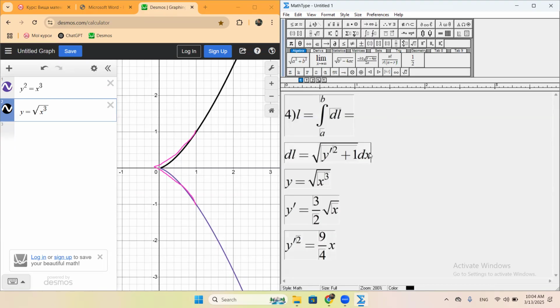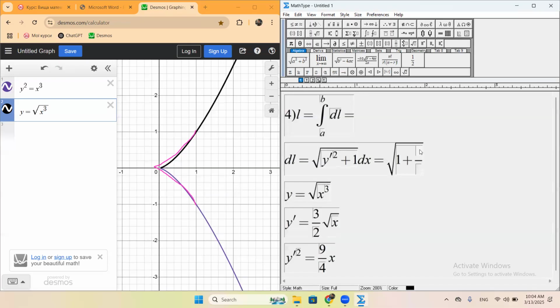So dl equals, in our case, the square root of 1 plus 9 over 4 x, dx. And in our case, which integral will we have? So 2 integrals, so 2 from 0 to 1 of this expression.